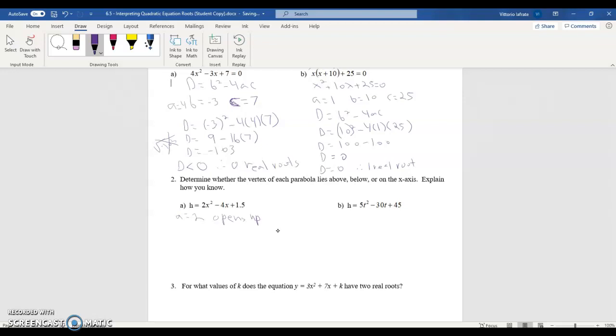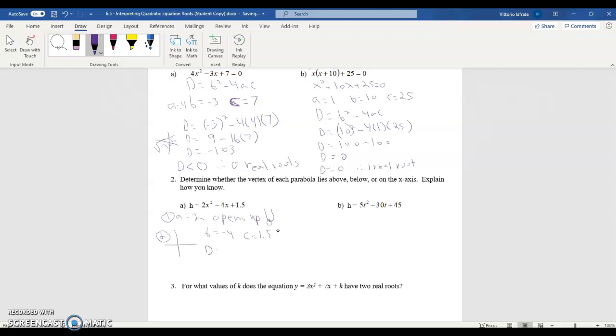Okay, so we have a situation like this. But we want to find out where this vertex is. Is the vertex above or below the x-axis? So step 1, finding a. Step 2, is it above or below the x-axis? We need to find the discriminant for that. So we know our b is minus 4, our c is 1.5.